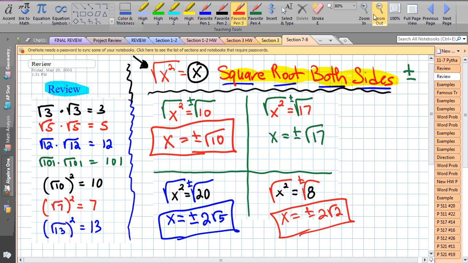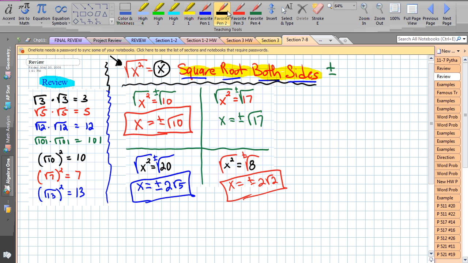Let's talk about that plus and minus a little bit more. If I have a number, and I square it, and it equals 49, you have to understand that there are actually two answers that could be correct here. Notice, if x was equal to positive 7, for example, that would equal 49.